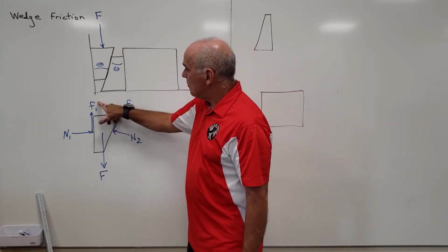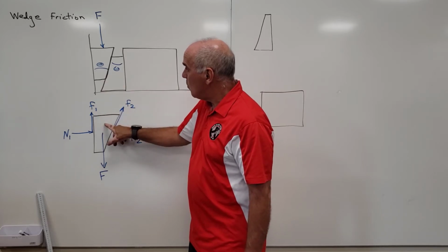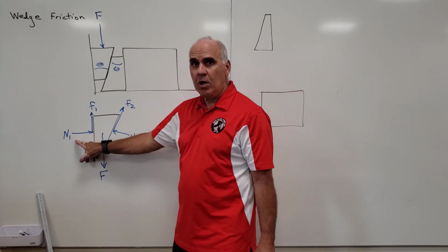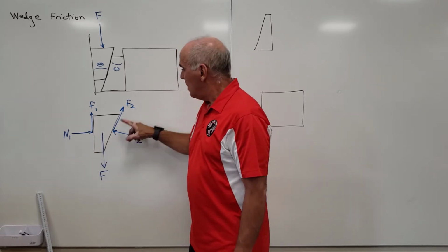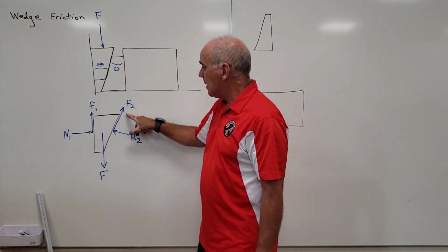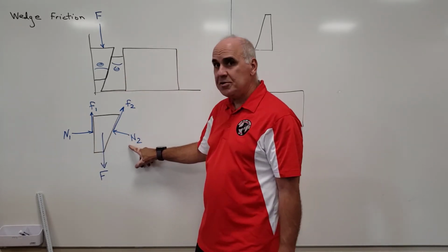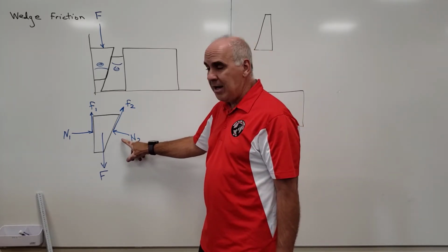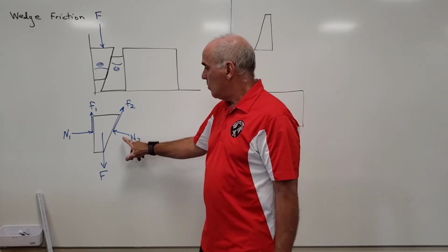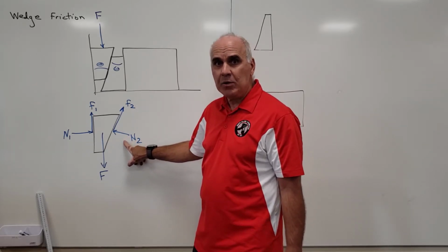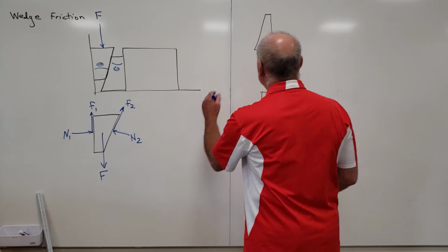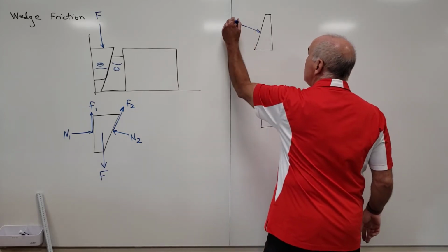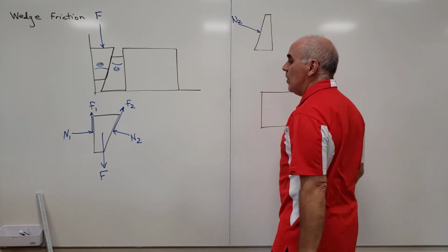Okay, so frictional force due to the wall acting on wedge 1, normal force due to the wall acting on wedge 1, frictional force due to wedge 2 acting on wedge 1, normal force due to wedge 2 acting on wedge 1. That's important because I now have Newton's third law. So normal force due to wedge 2 acting on wedge 1 means there must be a normal force due to wedge 1 acting on wedge 2.